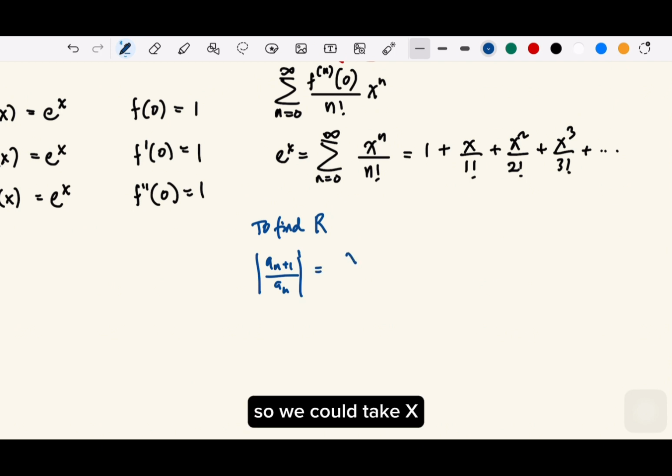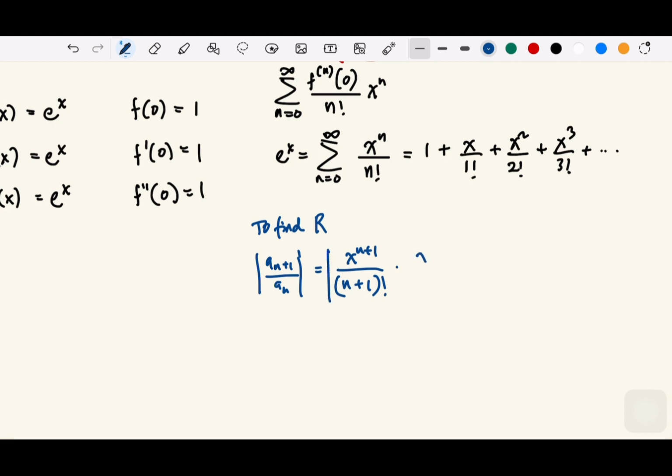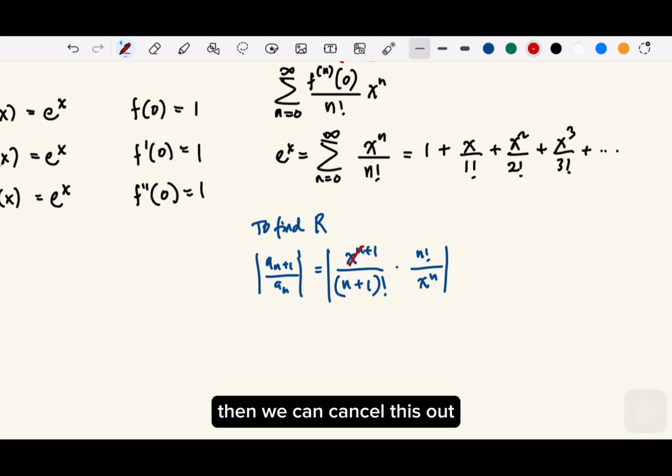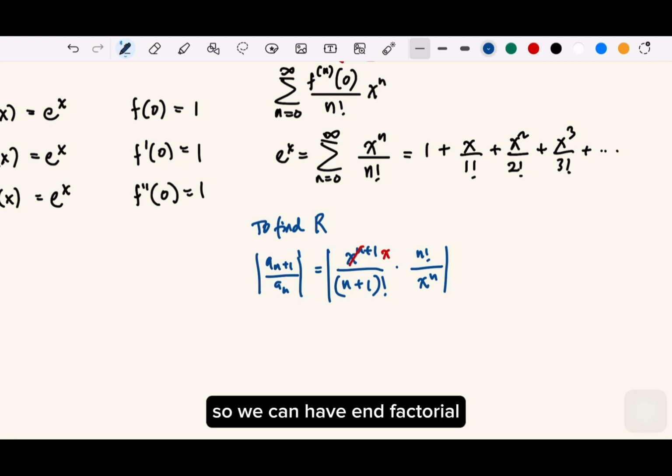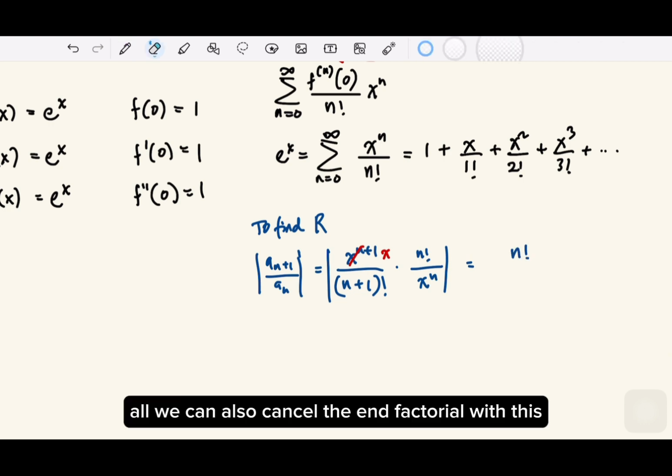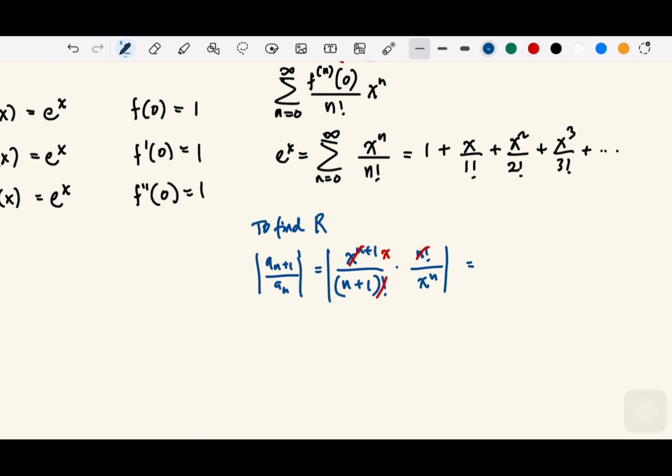So we take x, and then multiply, and then we can cancel this out. We can also cancel the n factorial with this.